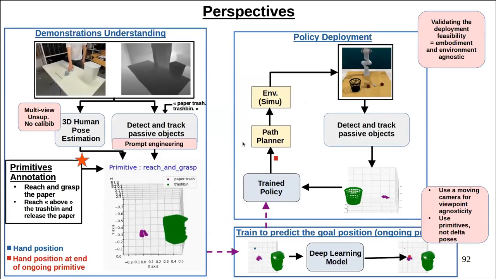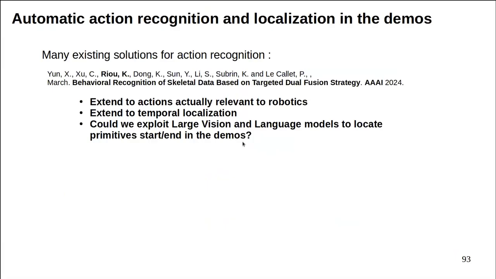Then we also had a limitation on the primitives annotation because we annotated our primitives manually. We actually had other contributions on action recognition, and we could wonder if we could extend these solutions to detect actions that are relevant to robotics, because most existing action recognition solutions focus on many different actions, but not specifically on primitives that can be executed on robots.